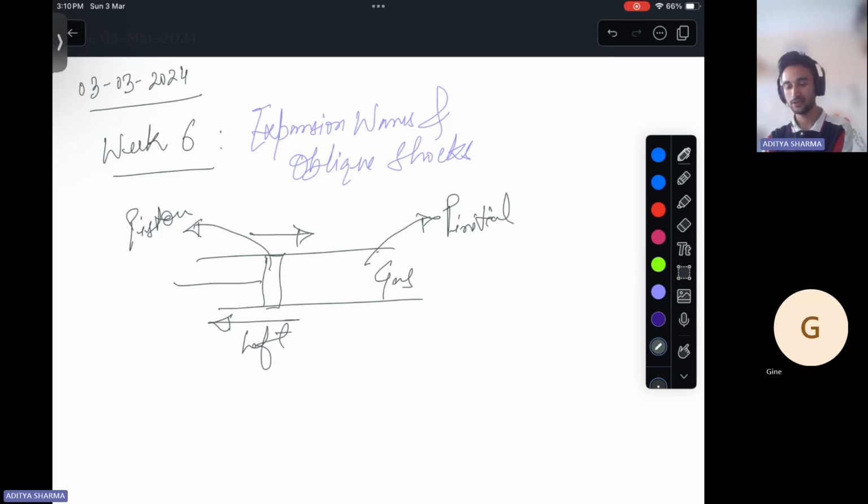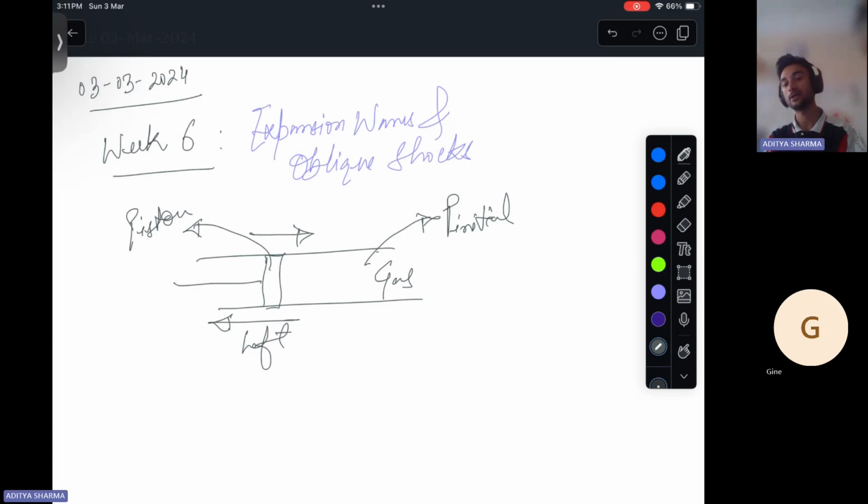Obviously, if this piston moves in the left direction, as a layman we know that eventually, when the gas in this conduit comes to rest, the final pressure will be less than the pressure we had in the initial phase.